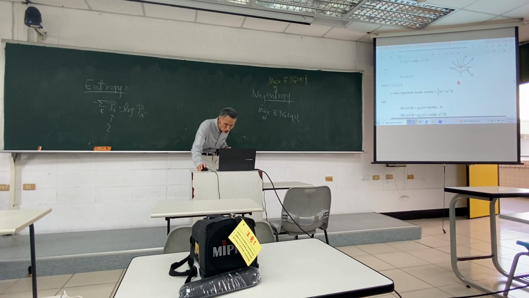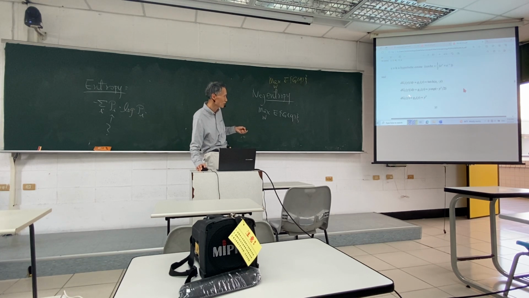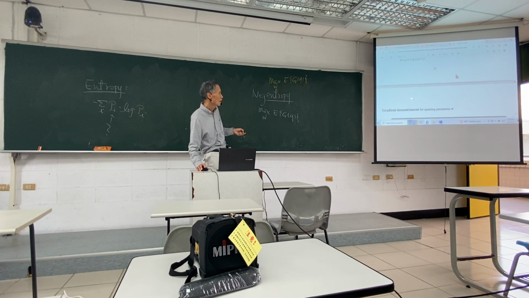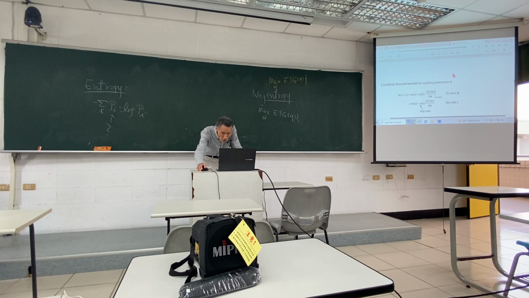So anyway, G1, G2, and G3. And all the remaining, you don't have to worry about, because it has taken care of the optimization. That's the first derivative. I will skip some of the details.